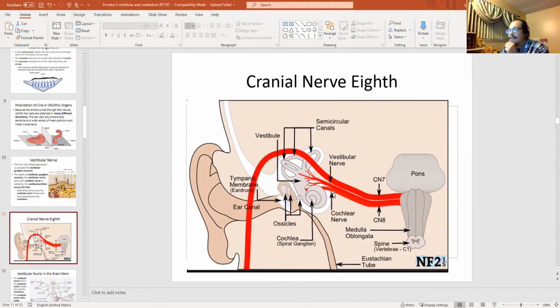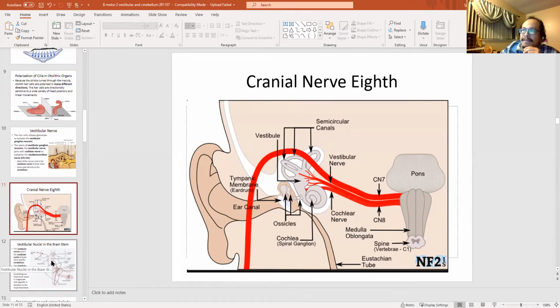We also have this nerve from the cochlea, which transmits the auditory signal. These two merge together to form cranial nerve 8. The other one very nearby in this region is cranial nerve 7. This one is cranial nerve 8, and then it enters into the brain.